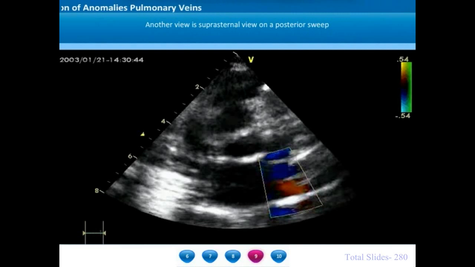Suprasternal view is another useful view for demonstrating the pulmonary veins. Here we see on the left side of the screen the two pulmonary veins entering into the body of the left atrium. As I told you earlier, this is also called the crab view.